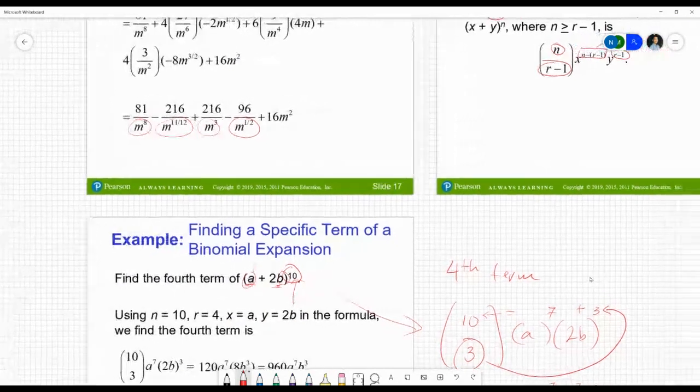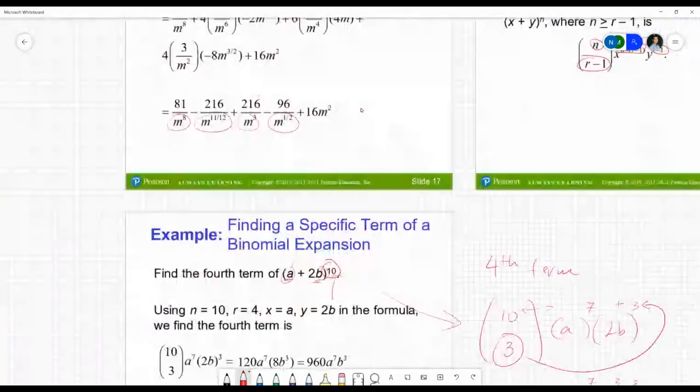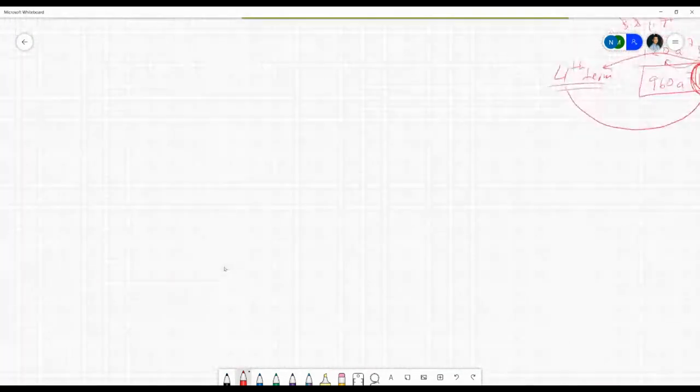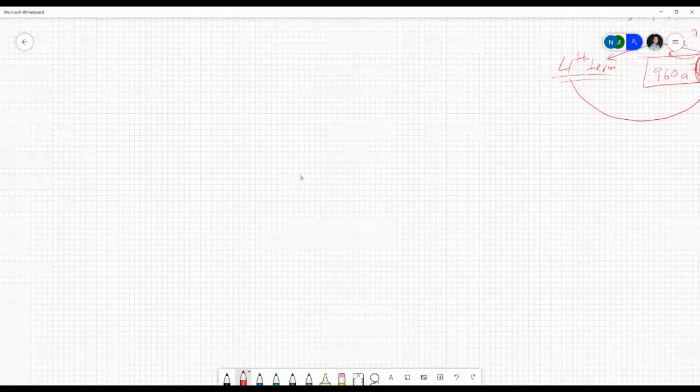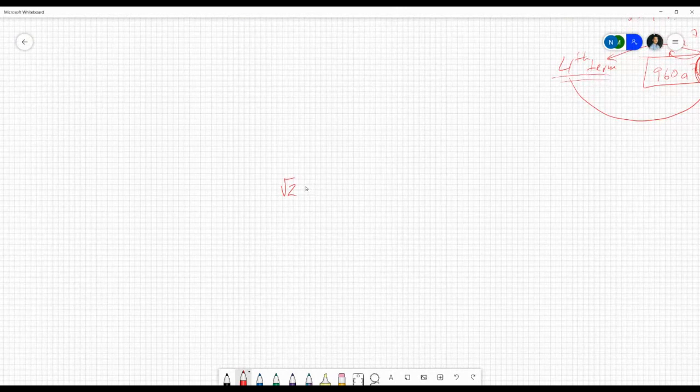Now, I'm going to make up one. Let's see. Let's do square root of 2, 5 square root of 2 x squared minus, I don't know, square root of 3 y.